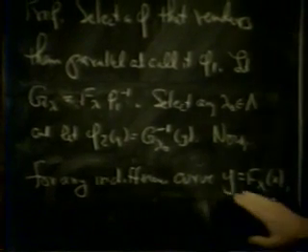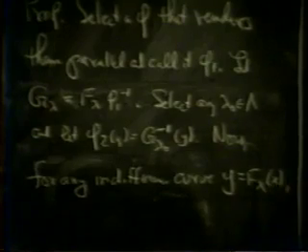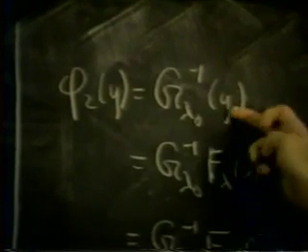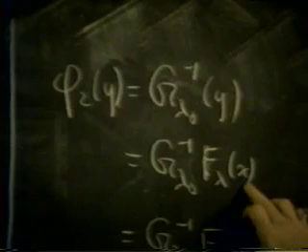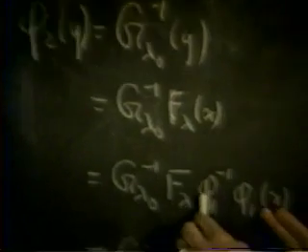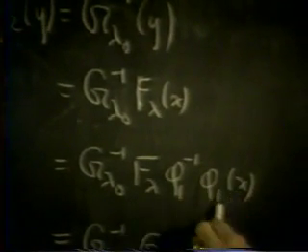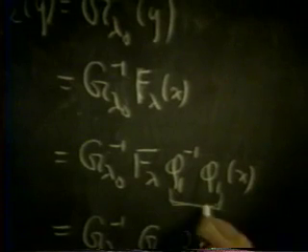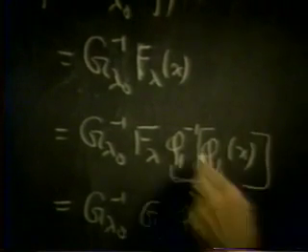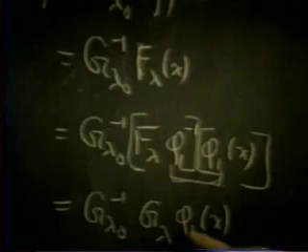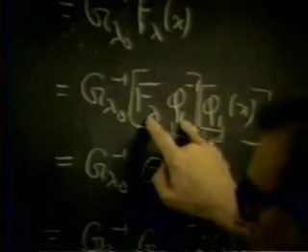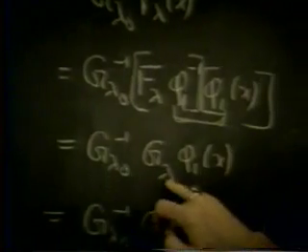Now consider any indifference curve, y equals f lambda of x. Phi 2 of y at that point is G lambda 0 of y, but for y we replace by f lambda of x. And then I can put in phi 1 inverse phi 1. That's simply the identity, and it doesn't do anything. On the other hand, I now will group things this way, and so I have as the argument phi 1 of x, and this, of course, is what I've defined to be G lambda, so I have it in that form.